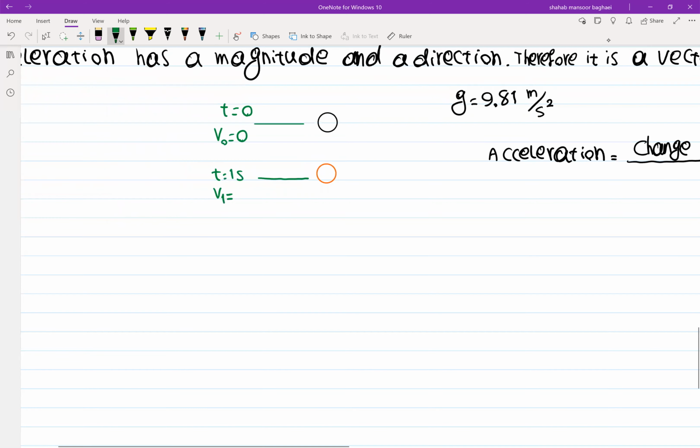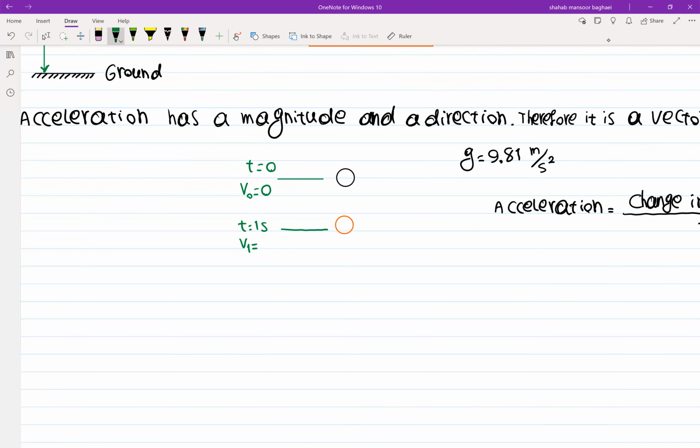What does it mean? According to the gravity value, the difference of velocity between these two for this time interval here, the change in velocity, should be 9.81.